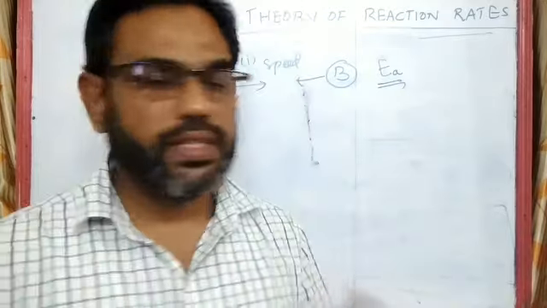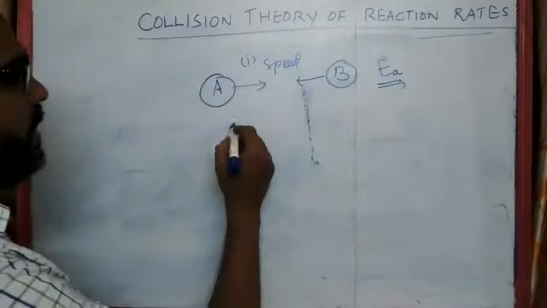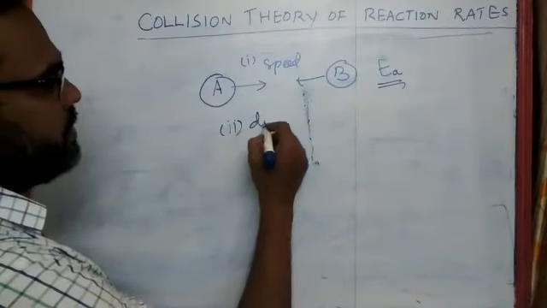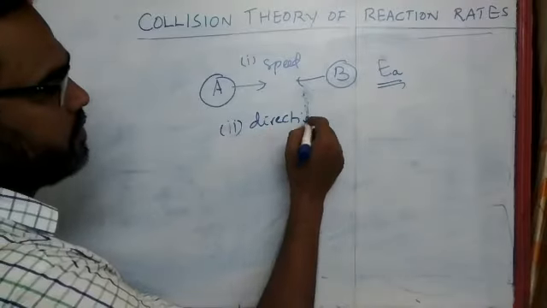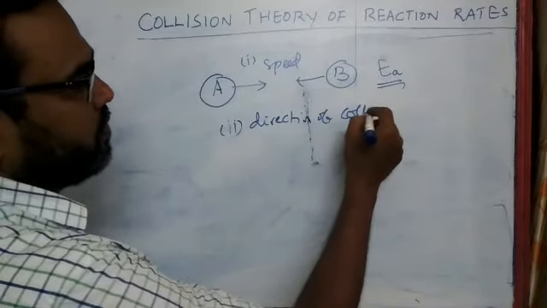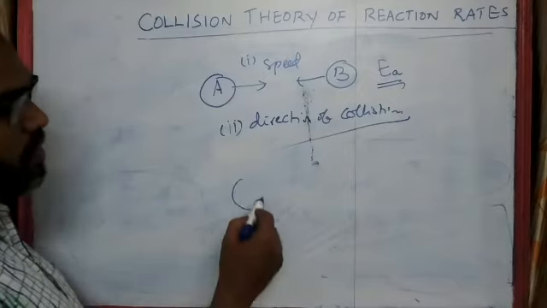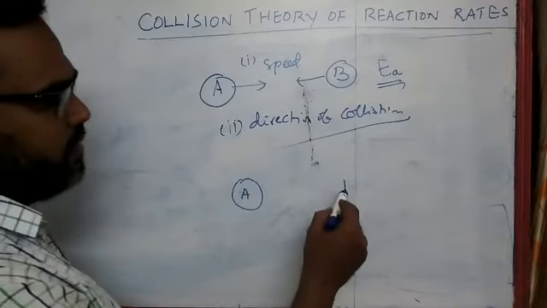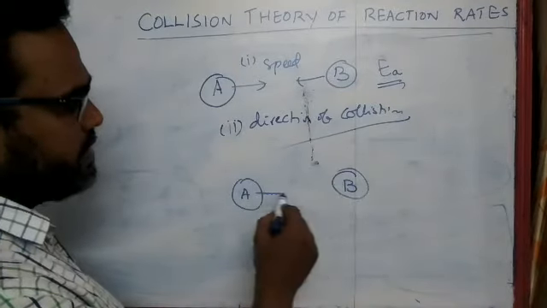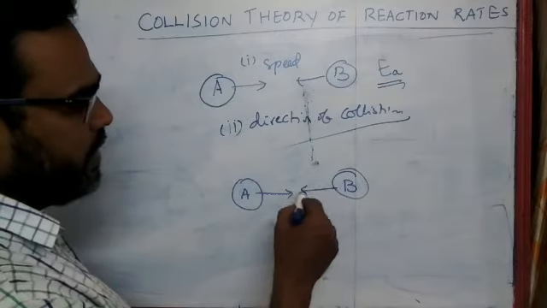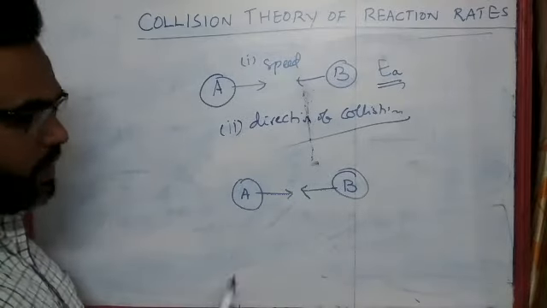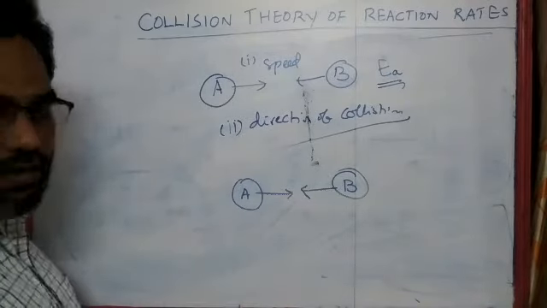So the first condition is the speed. The second condition is the direction of collision. Say the two molecules are colliding exactly at 180 degrees, then the collision will be very effective.